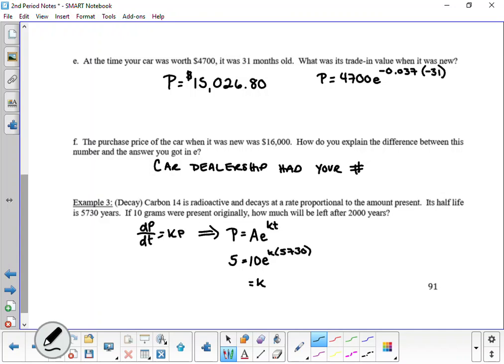So 0.5, natural log of 0.5 divided by 5730. So there's my k. How much is left after 2,000 years?